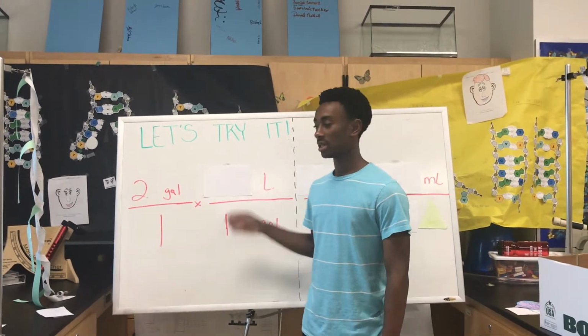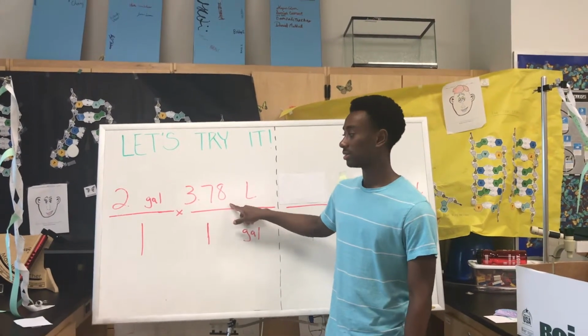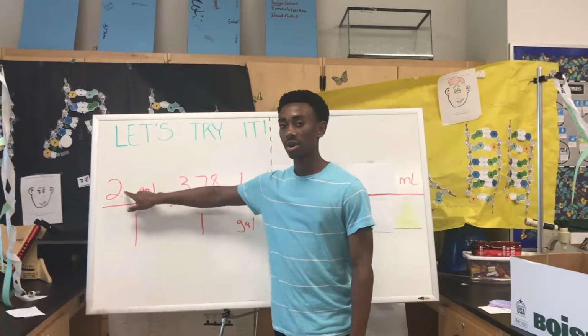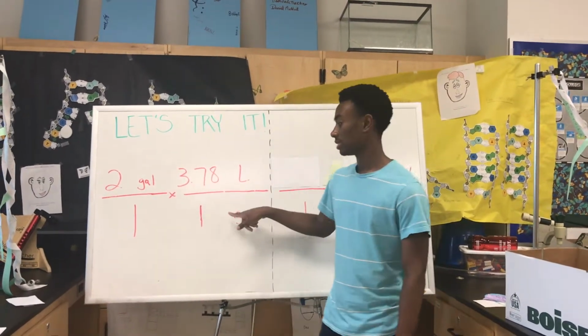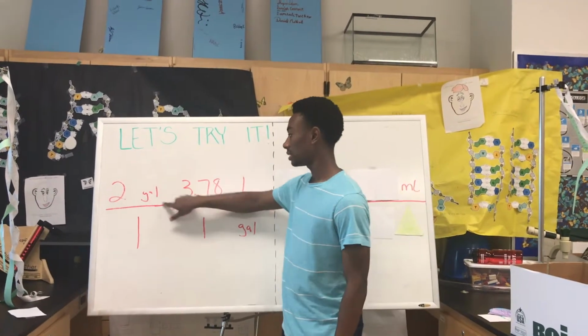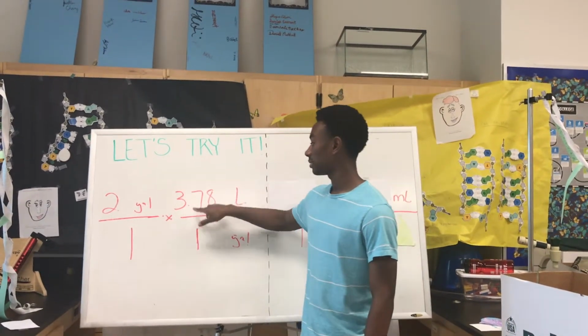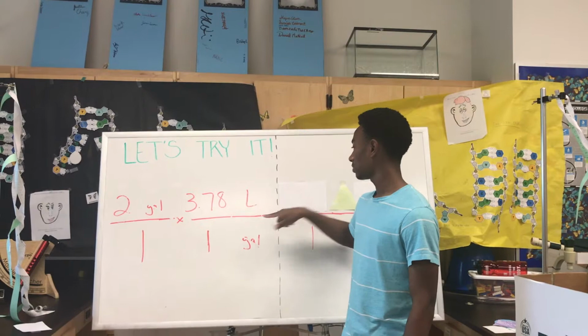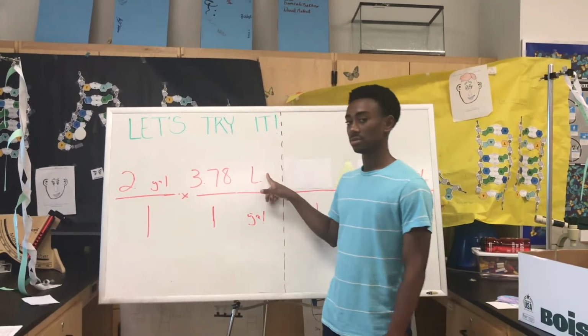So we have 1 gallon is equal to 3.78 liters. You multiply across, numerator times numerator, and denominator times denominator. The gallons cancel out, and you're left with 2 times 3.78 liters, which is equal to 7.56 liters.